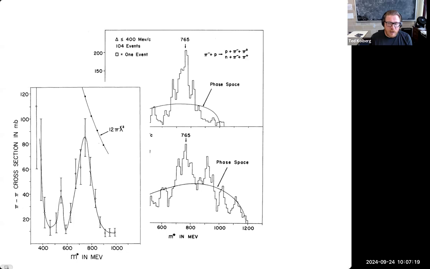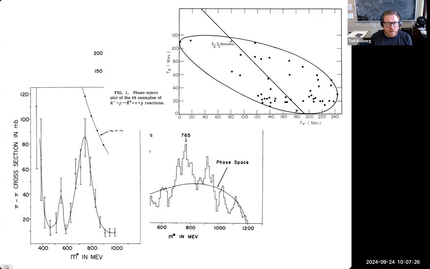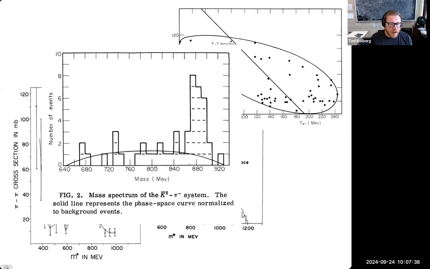And eventually, if you go and look in the PDG now, there are hundreds of mesons. So there's a big flowering of these experiments at CERN, at Brookhaven, at Berkeley, all over the place, which are filling up our PDG guide of resonances.